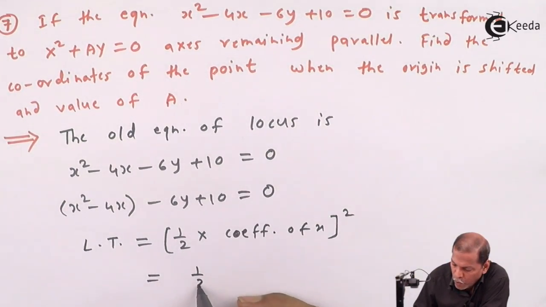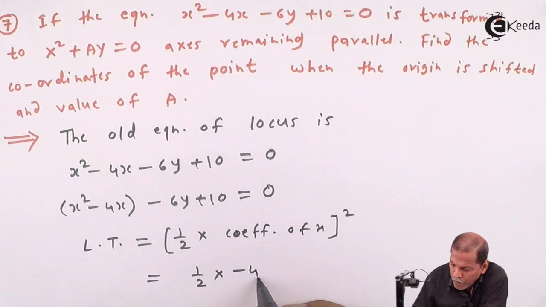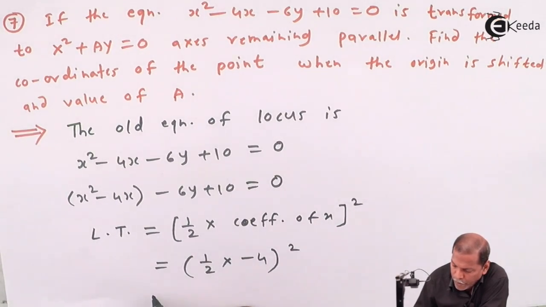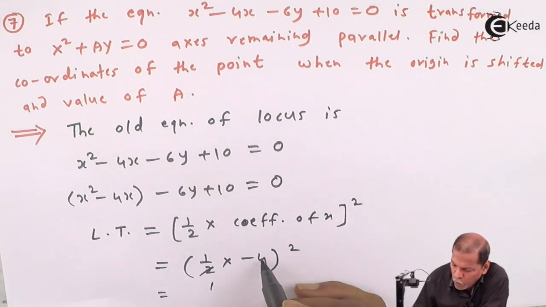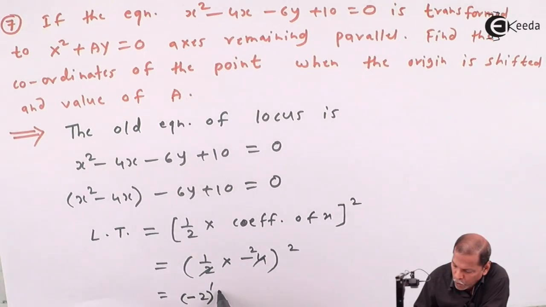That is equal to 1 upon 2 into, now coefficient of x is here minus 4, then whole bracket square. On simplifying that, 2 ones are 2 and 2 twos are 4. So we are left with minus 2 the whole bracket square, and that gives us the answer 4.